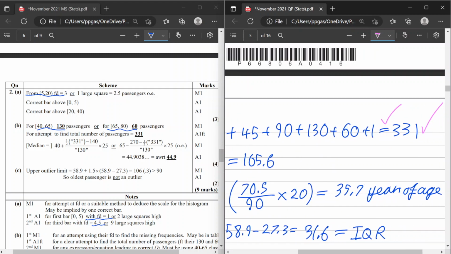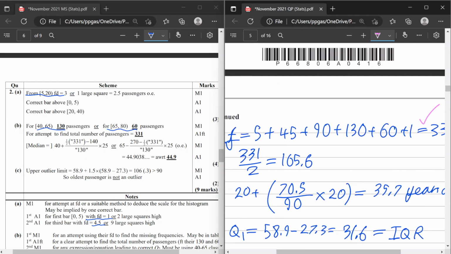If you divide 331... Wait, let me get my calculator. I think that number's wrong. 331 divided by 2. Yeah, it should be 165.5. I mean, it's only 0.1 off. That shouldn't make too much of a difference.